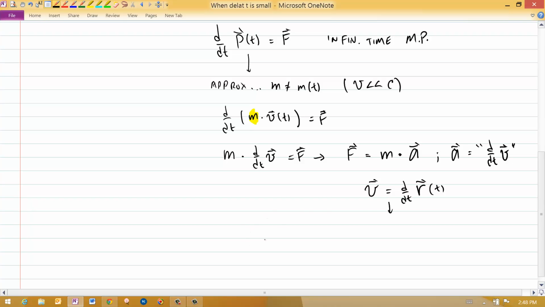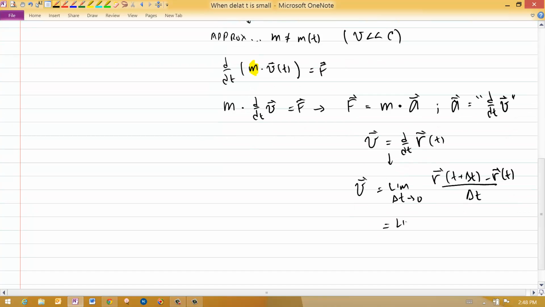If I take apart its finite difference, I would get v is equal to the limit as delta t goes to 0 of r of t plus delta t minus r of t, divided by delta t, which is the same thing as the limit as delta t goes to 0 of delta r divided by delta t. And that's what the velocity is. I have here a measure of the average velocity over an infinitesimal amount of time. If I make delta t go to 0, I get the instantaneous velocity.